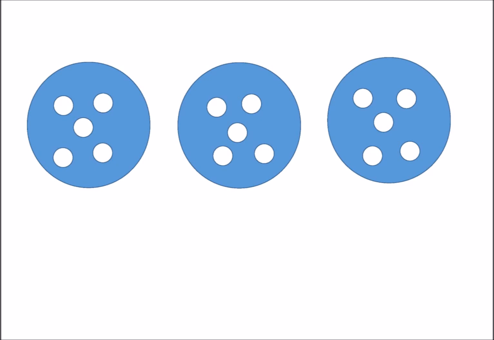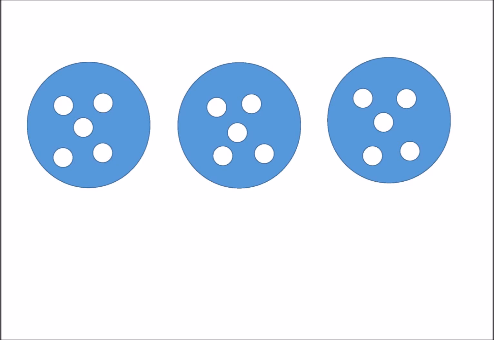So what could we do next to work out how many we have all together? That's right, we could count them one by one. So 1, 2, 3, 4, 5, 6, 7, 8, 9, 10, 11, 12, 13, 14, 15.